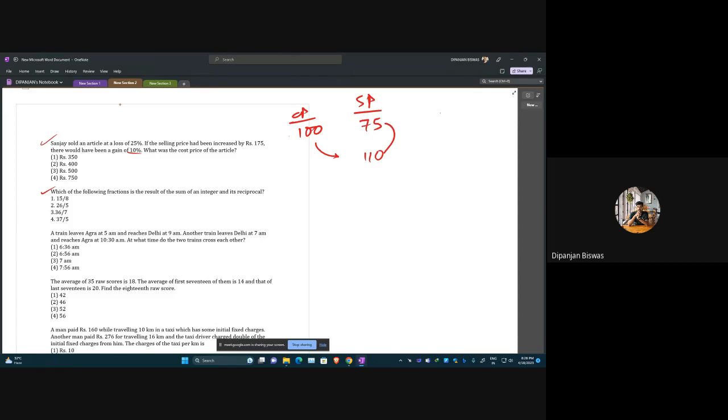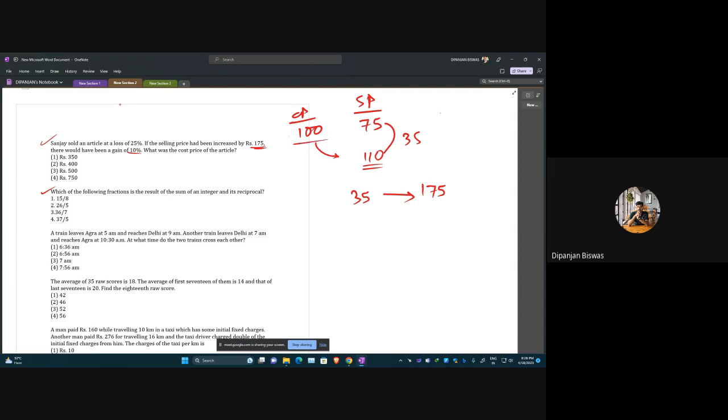So we are getting a difference of how much? 35. So the value of 35 is given as 175, and the cost price has been asked.